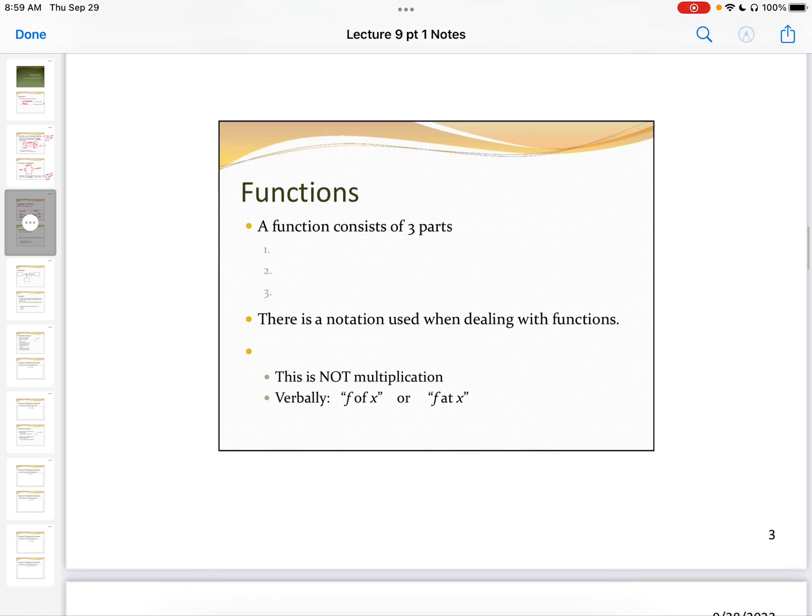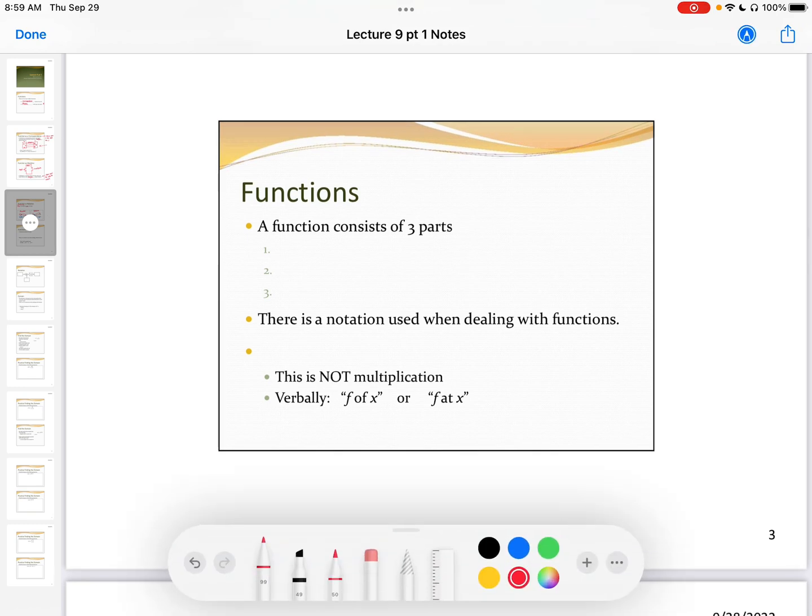Some other things about a function. A function consists of three parts. It consists of your domain, which another way that you can talk about your domain is your x values or your inputs. As a correspondence, we talk about x values. As a machine, we talk about inputs.